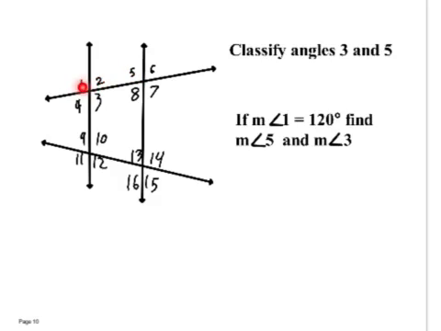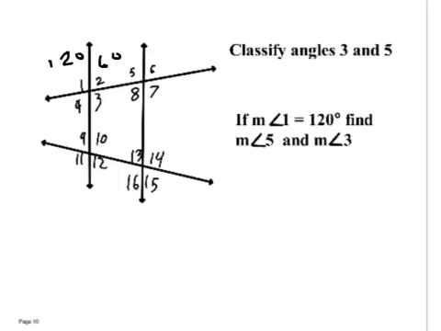All right, so let's say I know 1 is 120. What would the measure of angle 2 have to be? That'd have to be 60.